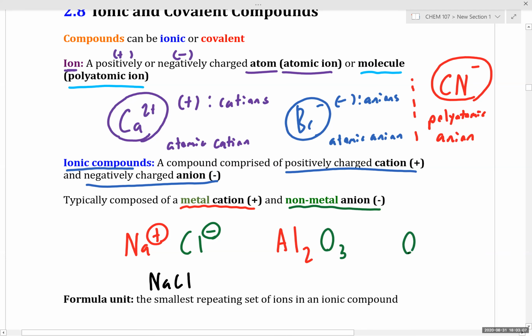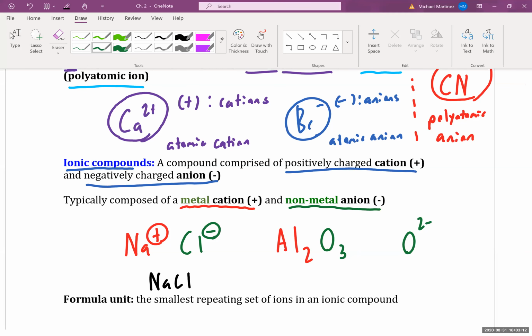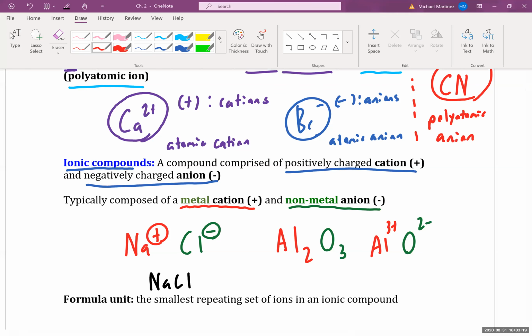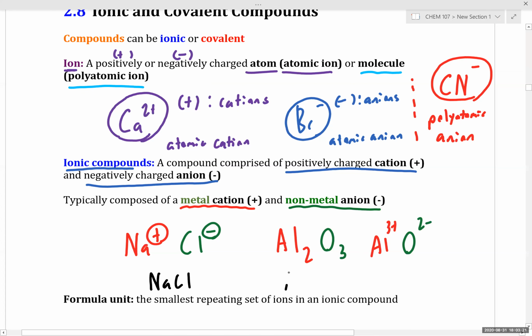So in this case, we have oxygen as our non-metal anion and aluminum as our metal cation. So aluminum oxide is another example of an ionic compound.